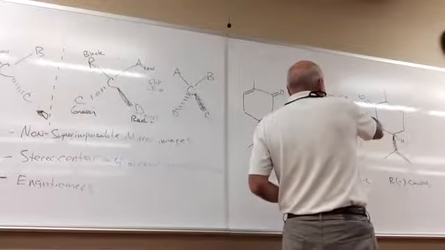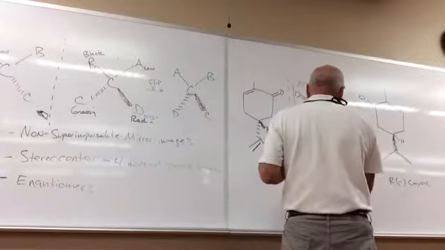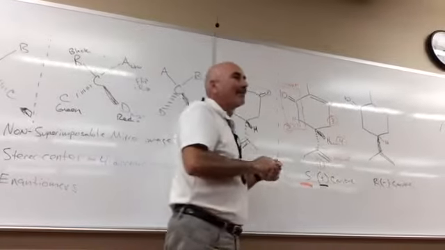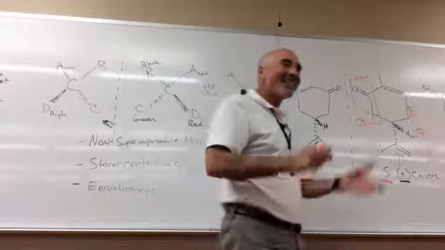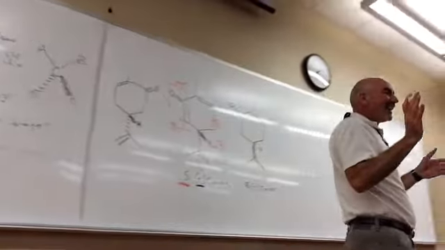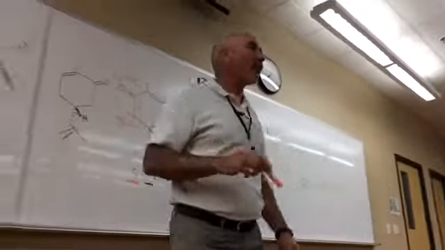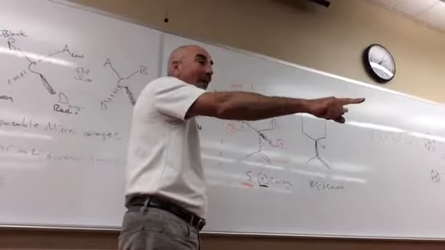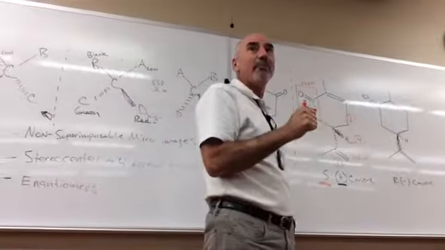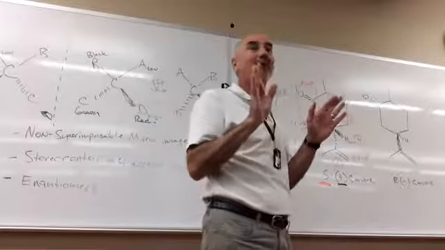So this one is S. You got to stick with me. All right? So here we go. We're going to go 1, 2, 3, 4. So the hydrogen's coming towards you, right? Where should the hydrogen be going in order to do this? Away, right?